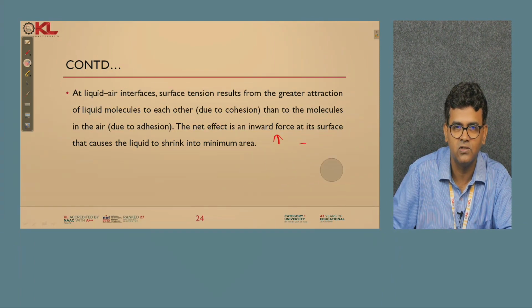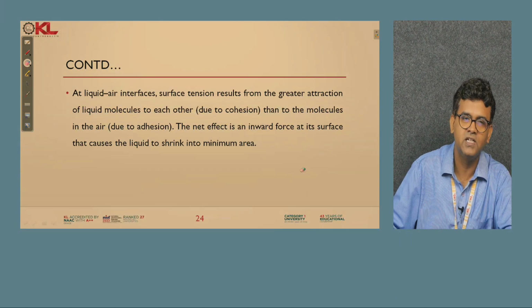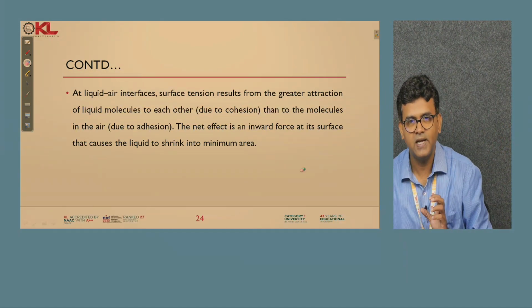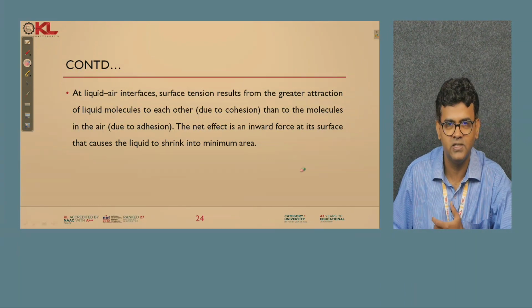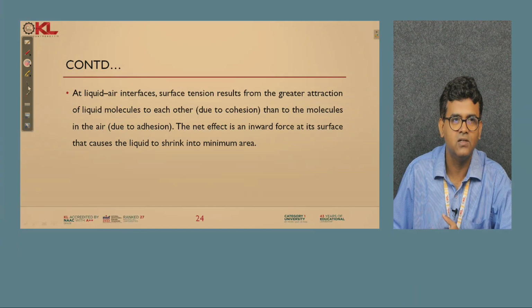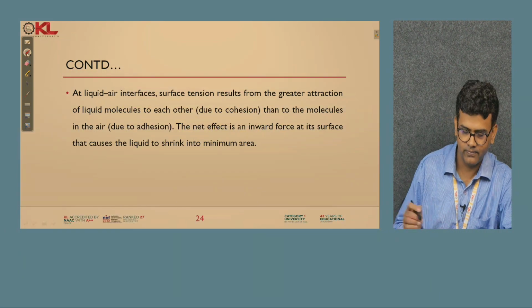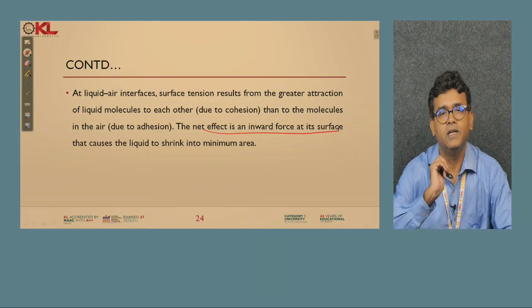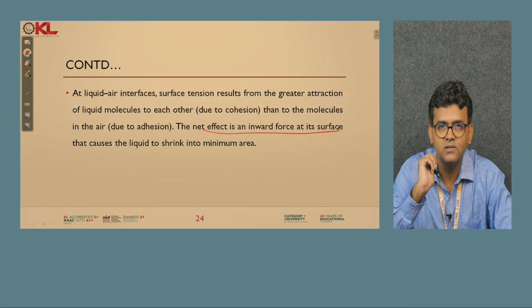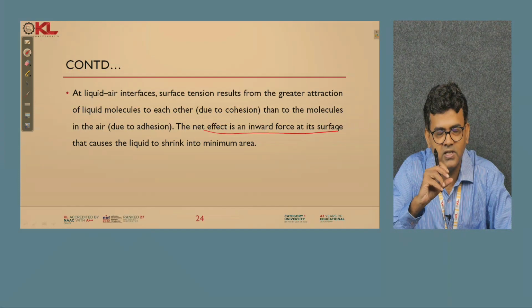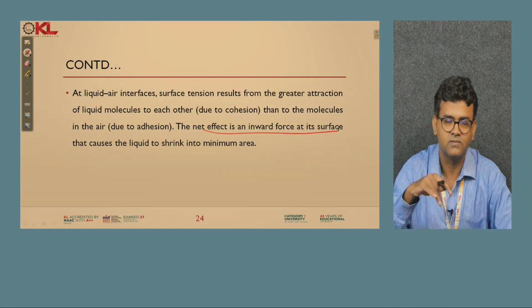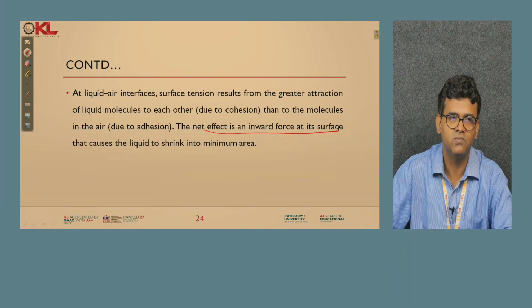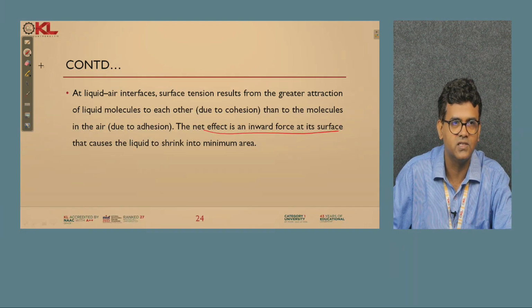Because of the forces on the surface, tension is created on the surface, and depending on which of the inward force and outward force is dominating, in general the net effect, you can see here also, is that the inward force is more. Because of that, this surface shrinks into the minimum area, and this is because of the surface tension property. So that is the surface tension.